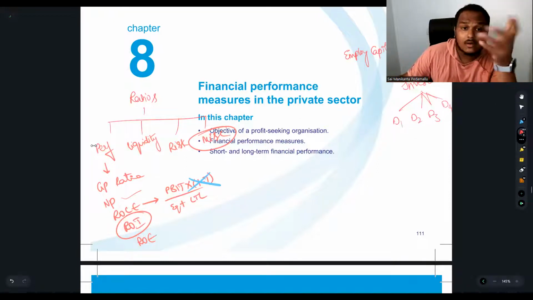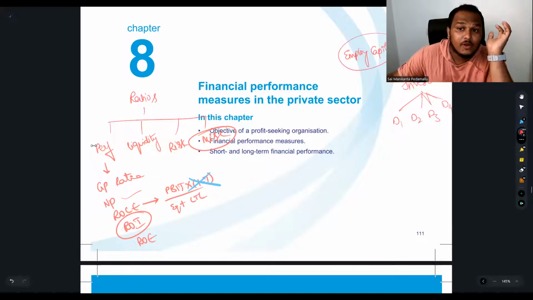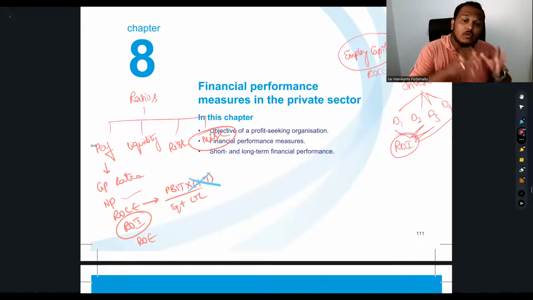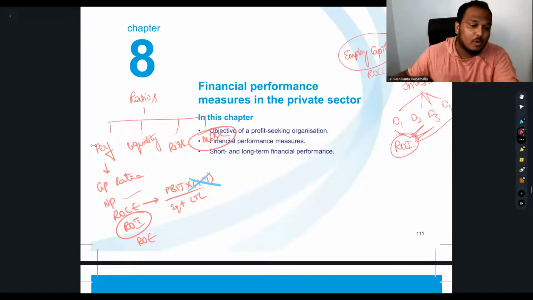That is the crucial thing. When you calculate return on capital employed, it is for the overall business. When you calculate return on investment, that is the investment in each division. That is why ROI is a divisional performance measure. ROCE is a business performance measure. Be very careful about that.